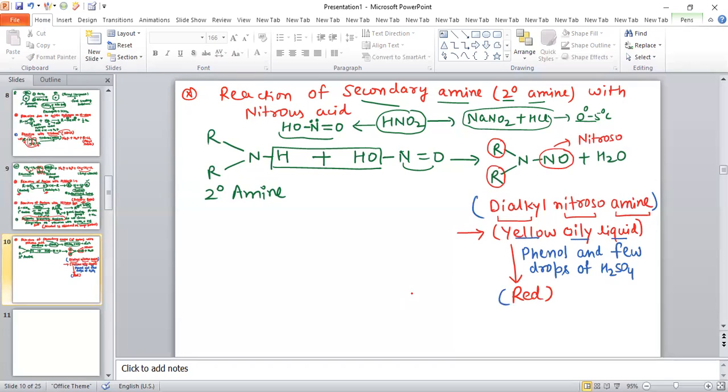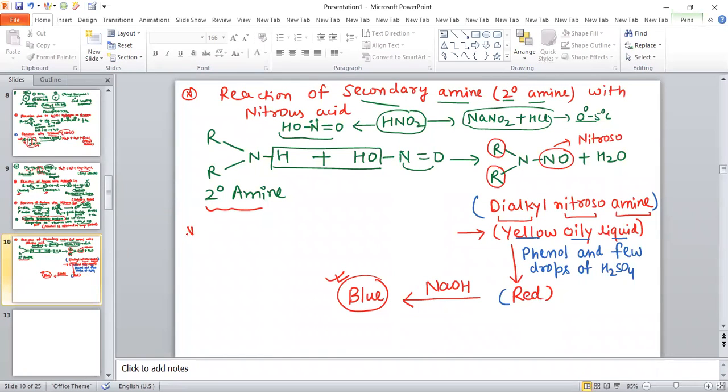Then after this red color is obtained, again the reaction of this solution with NaOH gives blue color. So basically 2-degree amine finally gives blue color after all these steps.